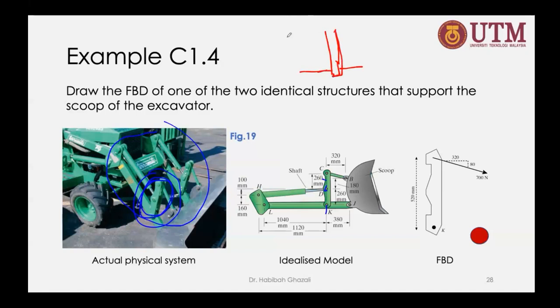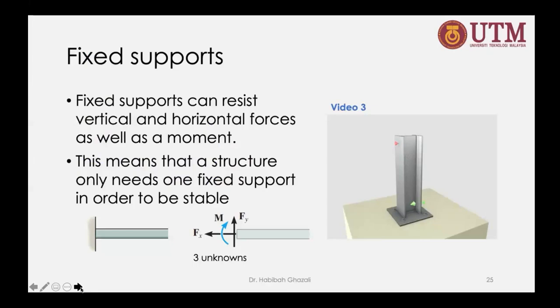But as I showed in the previous slide, a cantilever beam is also representative of fixed support. This is the symbol for fixed support. It doesn't matter if it's inside or on the floor. You must know that this is not just a pole put on the floor. It is a fixed support.